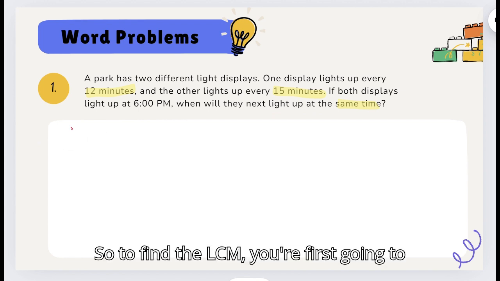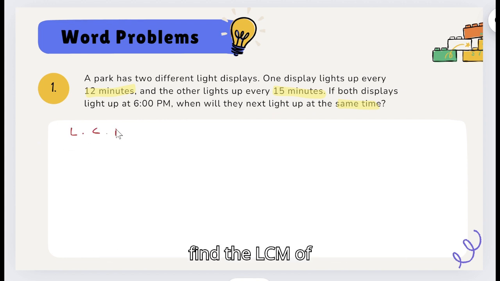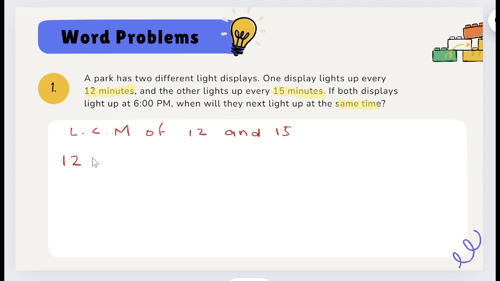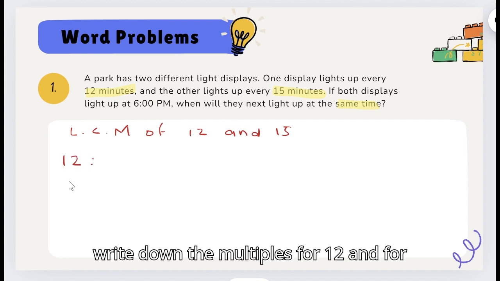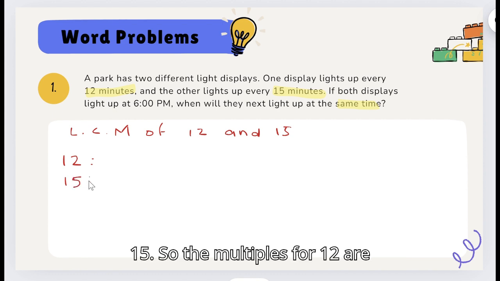So to find the LCM, we're first going to find out LCM of 12 and 15.